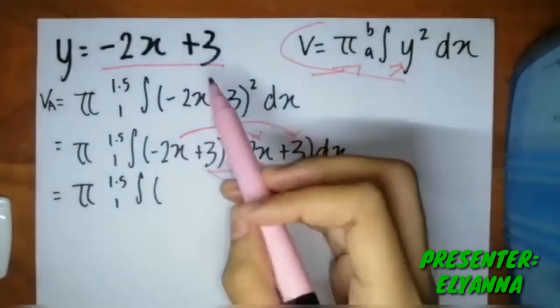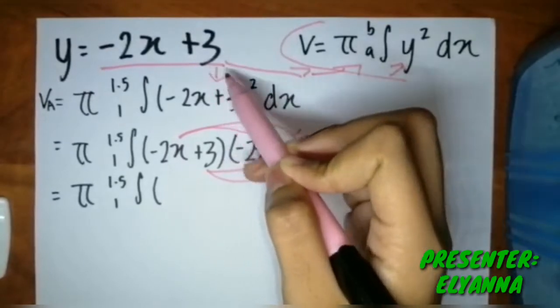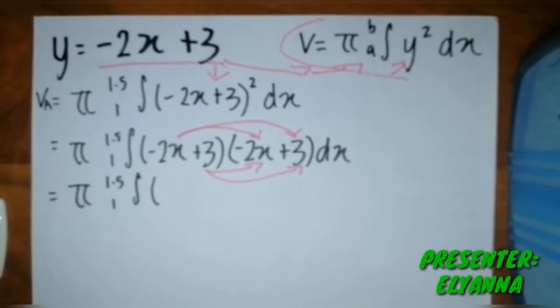So we include this equation into this formula just like this. So it will become V equal to pi, the limit given is 1.5 and 1, integrate open bracket negative 2x plus 3 close bracket the power of 2 dx.